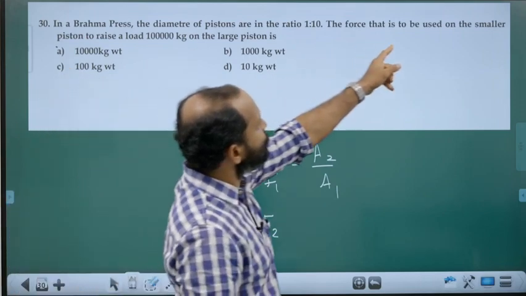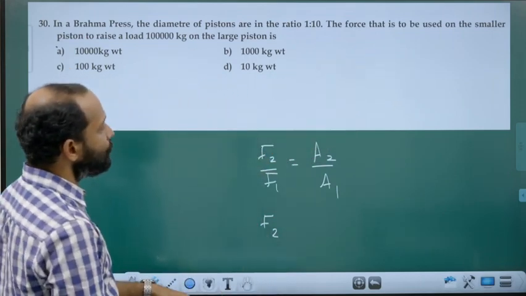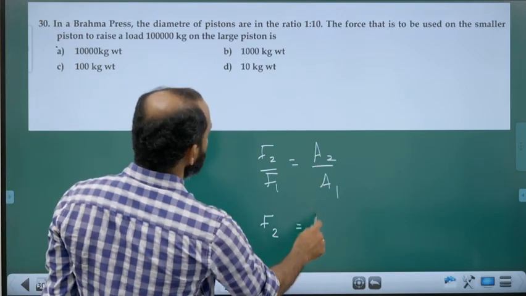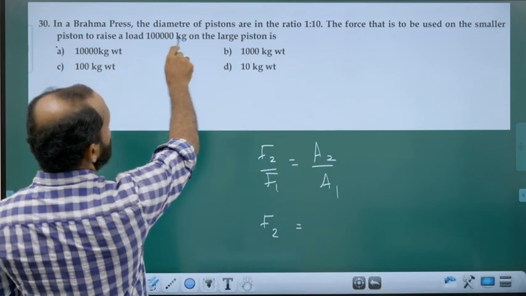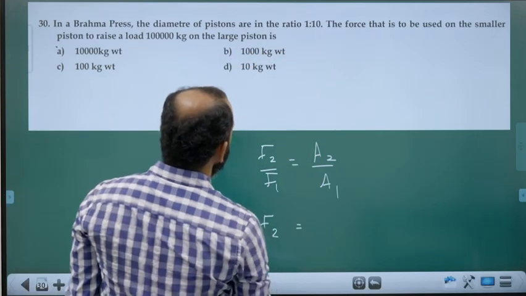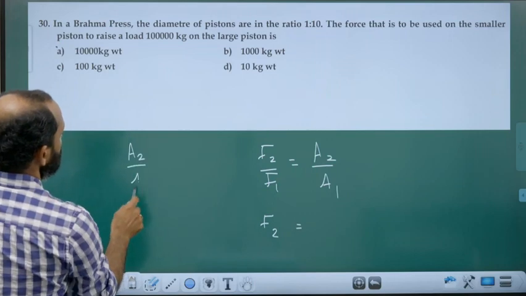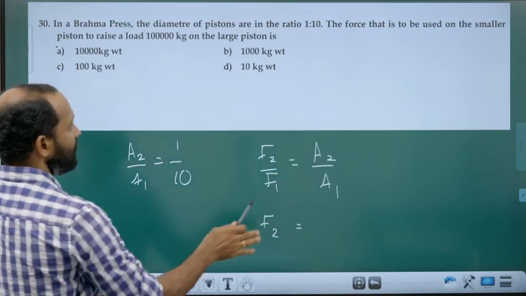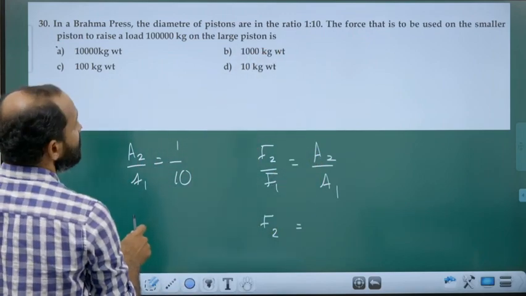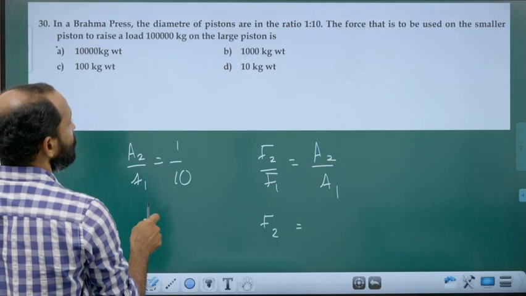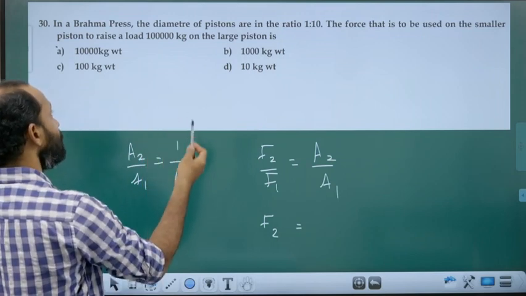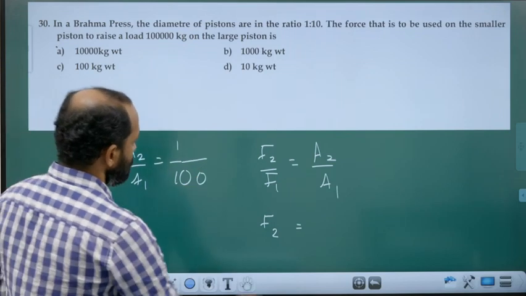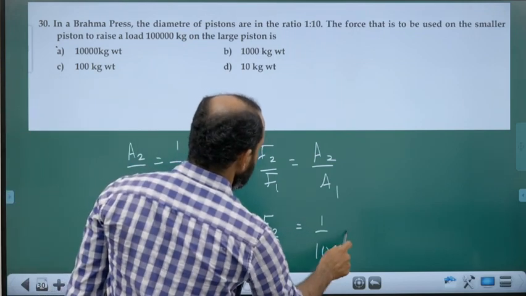F2 is the force to be used on the smaller one. So A2 is the area of the smaller one. The diameter of the smaller one is 1. So D2 by D1 is 1 by 10. I'm choosing A2 as the smaller one. A2 by A1 is proportional to diameter squared, so it's 1 by 100, multiplied by F1.